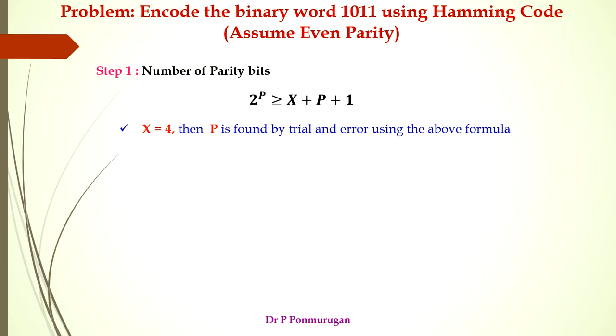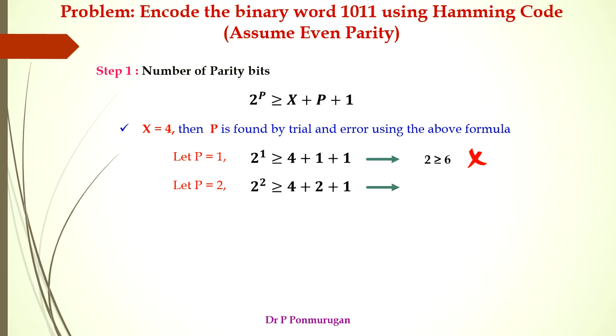Let us take p equal to 1, which will not satisfy the condition. Next we go for p equal to 2. This also doesn't satisfy the condition. So for 3 it will be equal, so the condition is satisfied. So for 4 information bits, the number of parity bits should be 3.